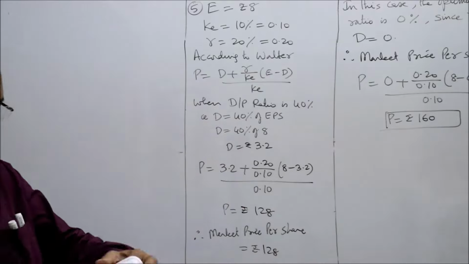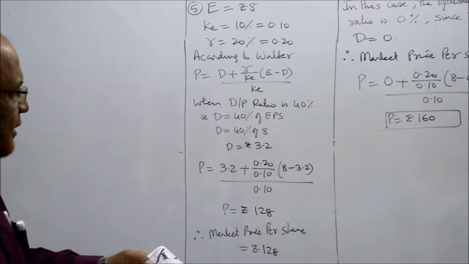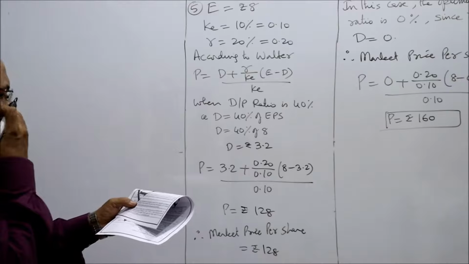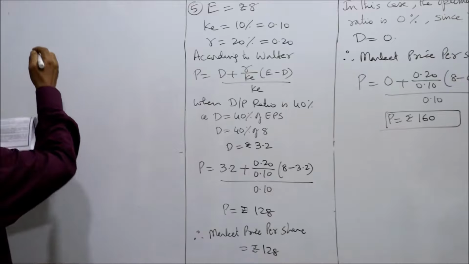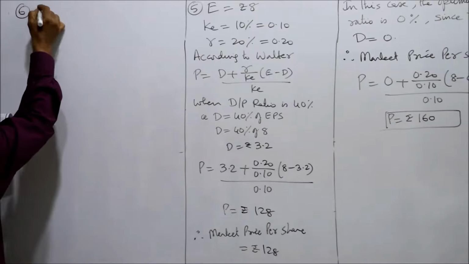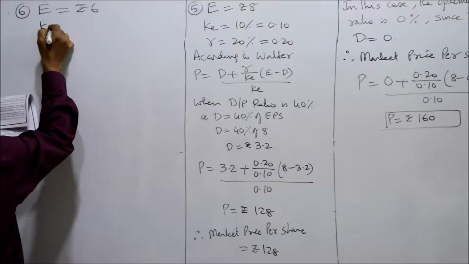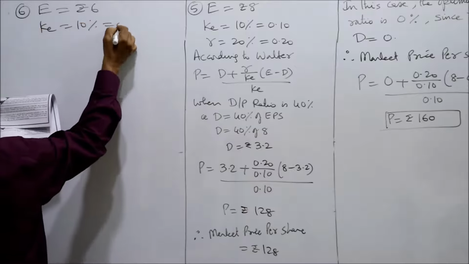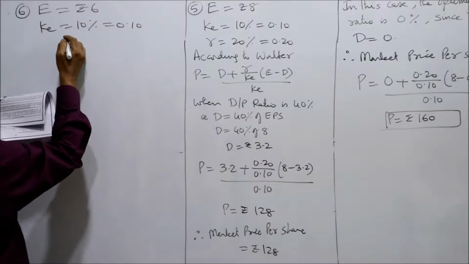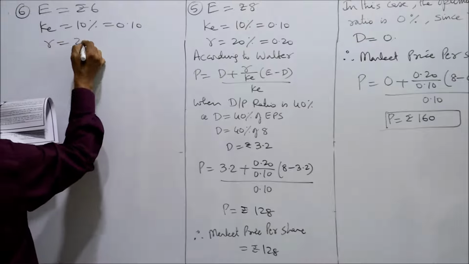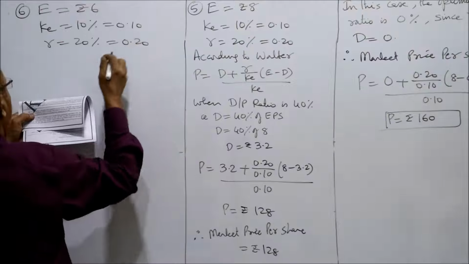Now see the sixth problem. ABC Limited earns rupees 6 per share. So sixth problem, EPS is equal to rupees 6. Capitalized KE is equal to 10%, 0.10, and R is equal to 20%, 0.20.